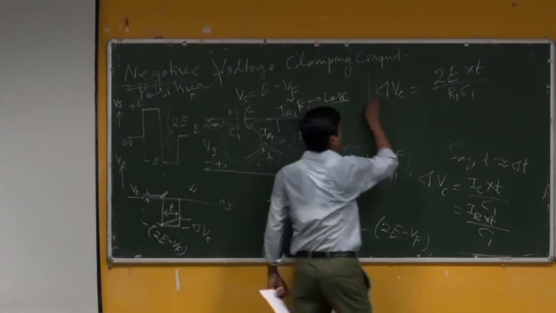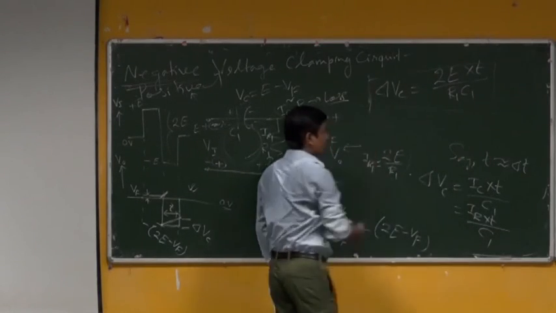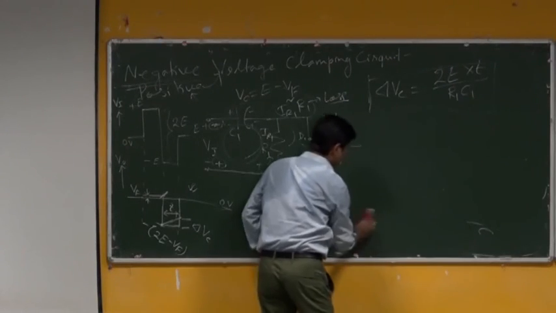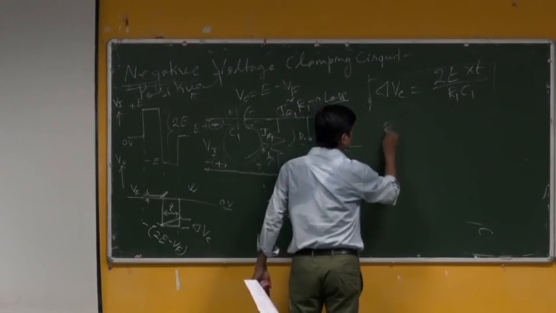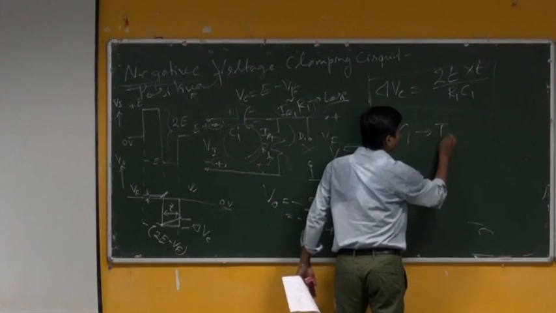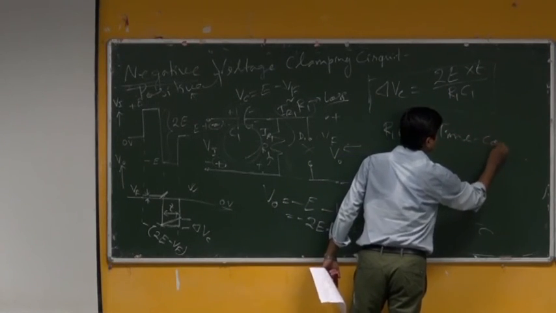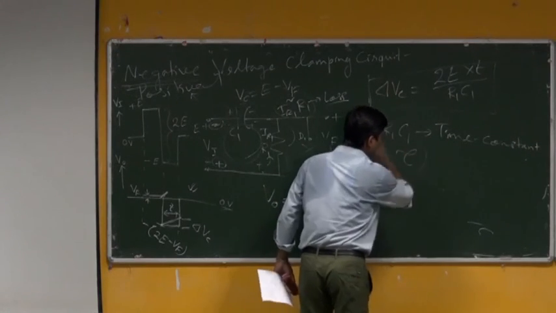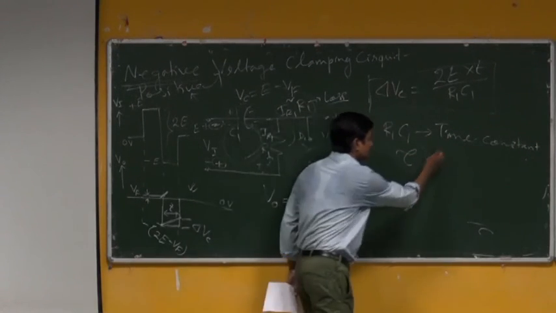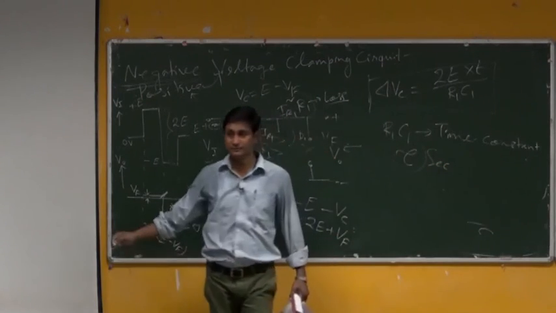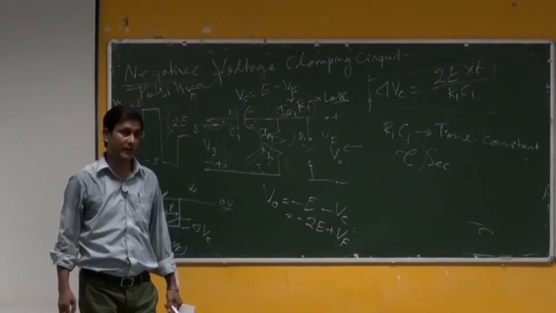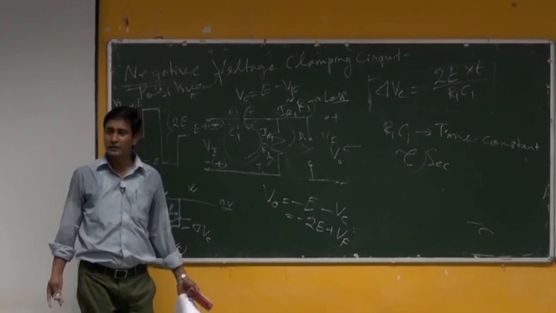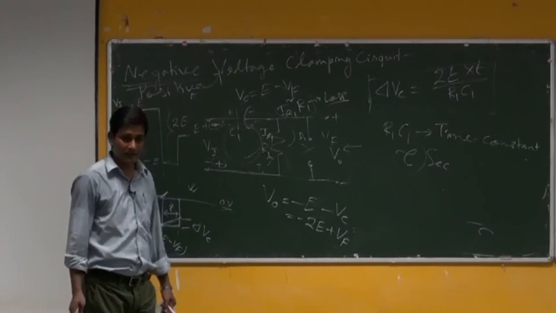A very, very important concept will come out from there. R1 C1 is called the time constant, which is sometimes denoted as tau, with unit second. That means ohm into farad or microfarad is the unit of second only, or time only.